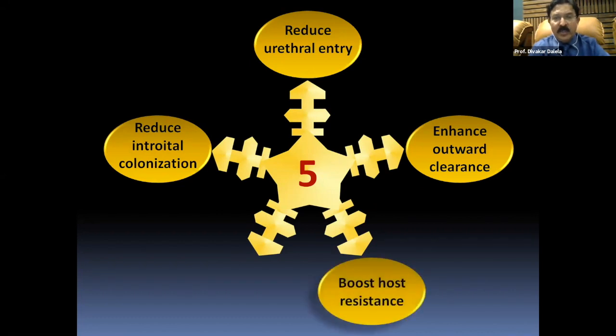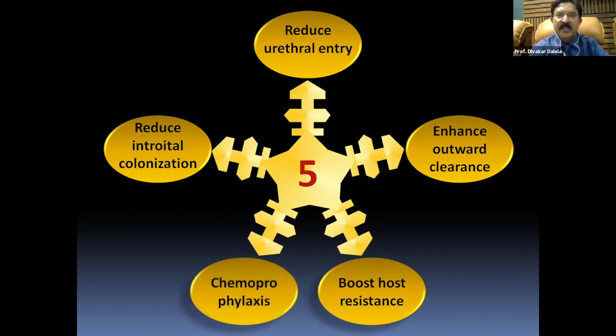And then, sure enough, do something to boost your innate resistance, so that whenever disease occurs, you are able to fight it out. And then you may use some medical methods for prevention of the next attack. So these are 5 sound strategies that you as an individual can take up for prevention of the next infection.